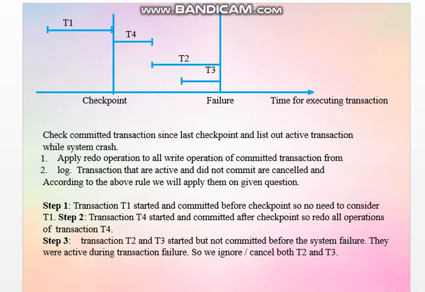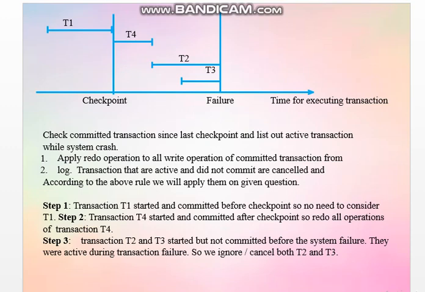If we apply these rules here, step number 1: transaction T1 started and committed before the checkpoint, so no need to consider T1 for the recovery procedure. Step number 2: transaction T4 started and committed after the checkpoint, so redo all the operations of transaction T4. The importance of the checkpoint is that if the checkpoint is there, we need not do redo or undo.